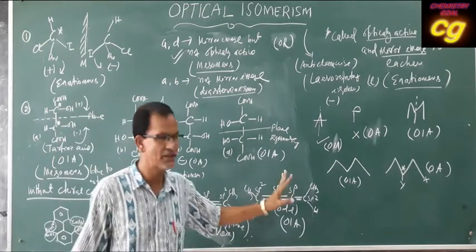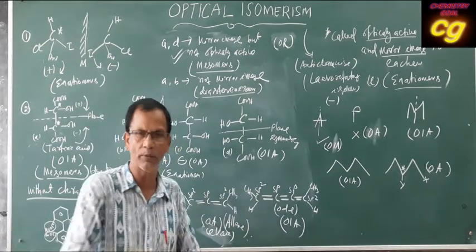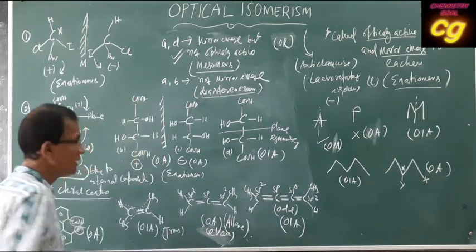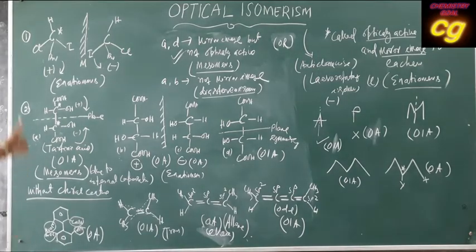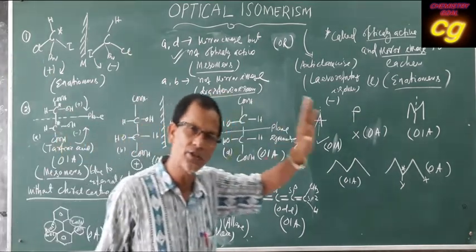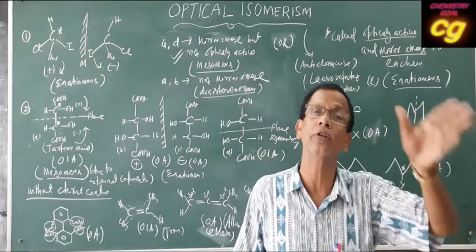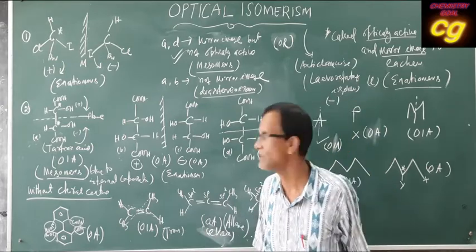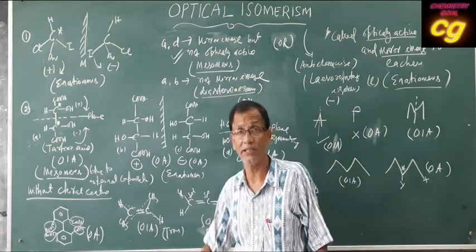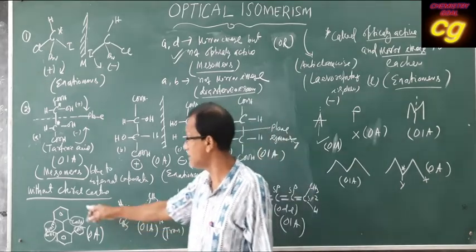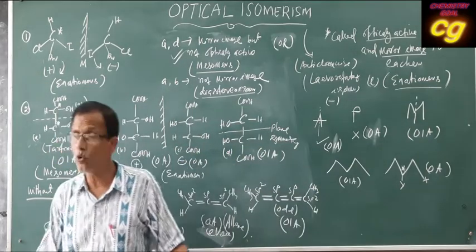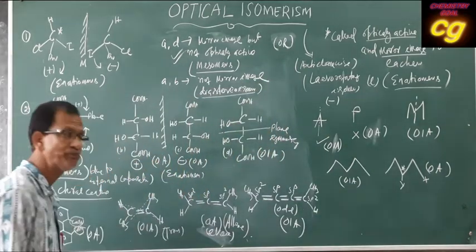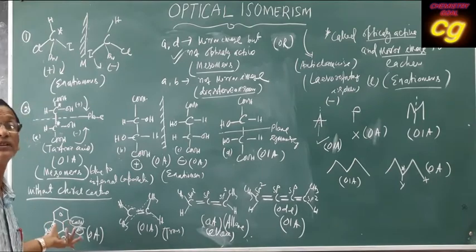This is one type of allene. Allene means having conjugated double bonds. So in this way we can know, if a molecule has a chiral center, it is optically active. That is called a chiral molecule. These are disymmetric molecules, these are asymmetric molecules, we can say. But in some cases, it is observed that although a molecule has no chiral center, it may be optically active because of different structure.